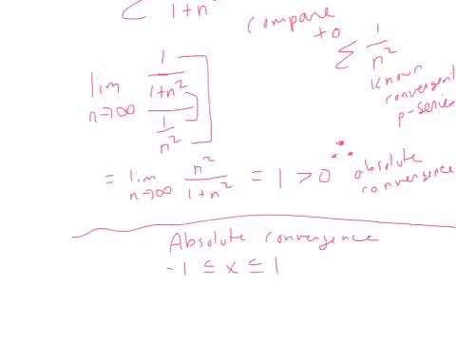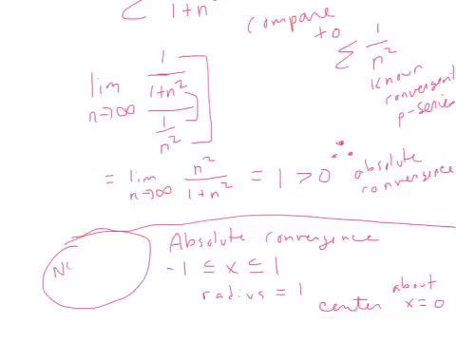So notice those less than or equal to inequalities. Therefore, the radius of convergence is 1, and the center is about x equals 0. So it's centered about x equals 0. And note to self, no conditional convergence.